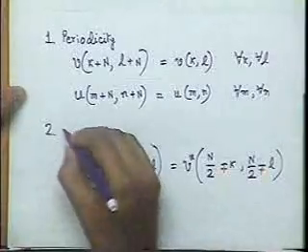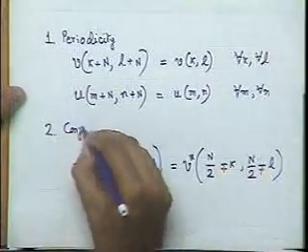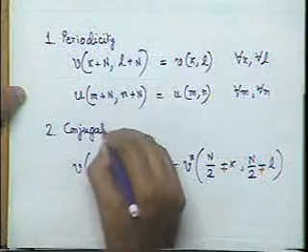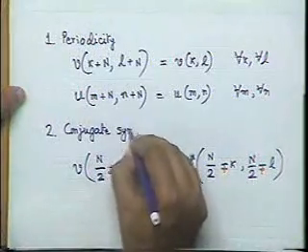I repeat, when u(m,n) is a real sequence, it is true for images, because an image means a real two-dimensional sequence only. When u(m,n) is real, we have this complex conjugate property, or rather this second property which we have just now seen is known as the conjugate symmetry property.